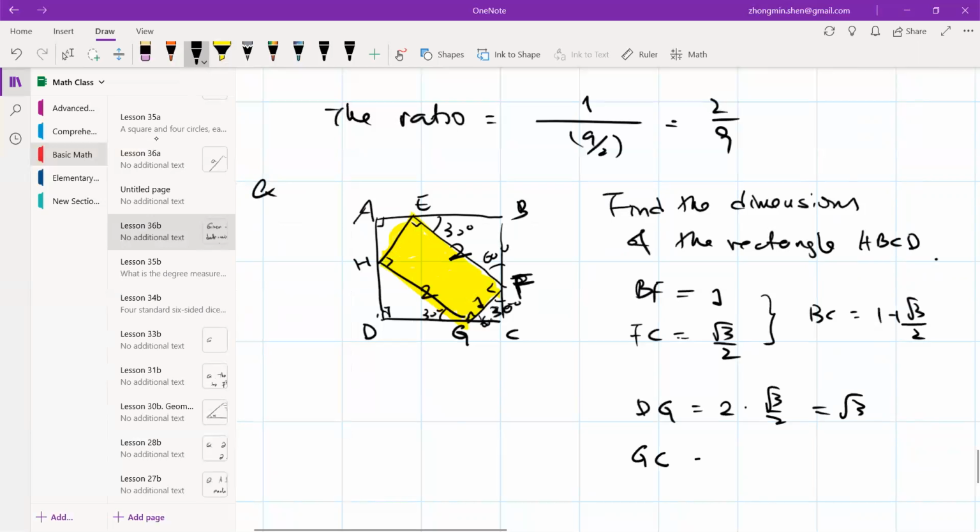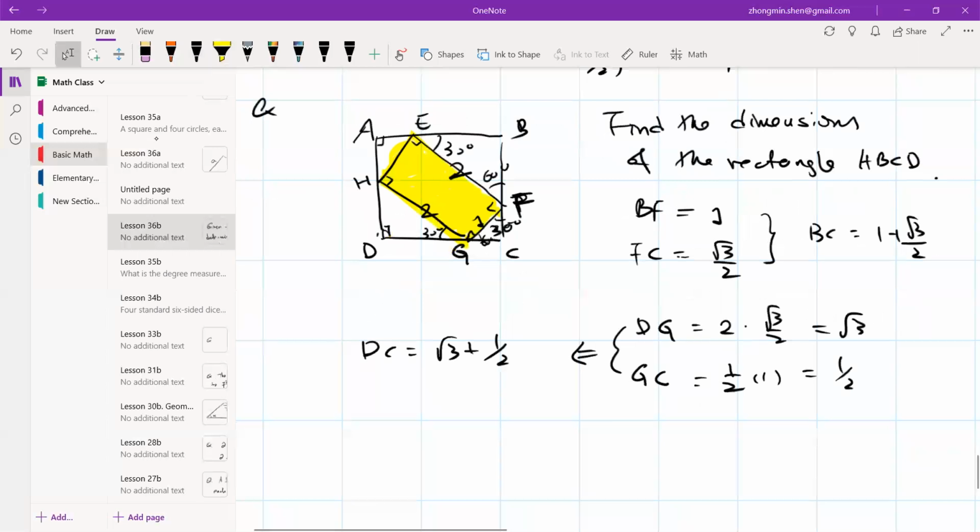How about GC? GC is just half of GF, so just 1/2. So this implies DC equals square root 3 plus 1/2. Okay? And what is the area?